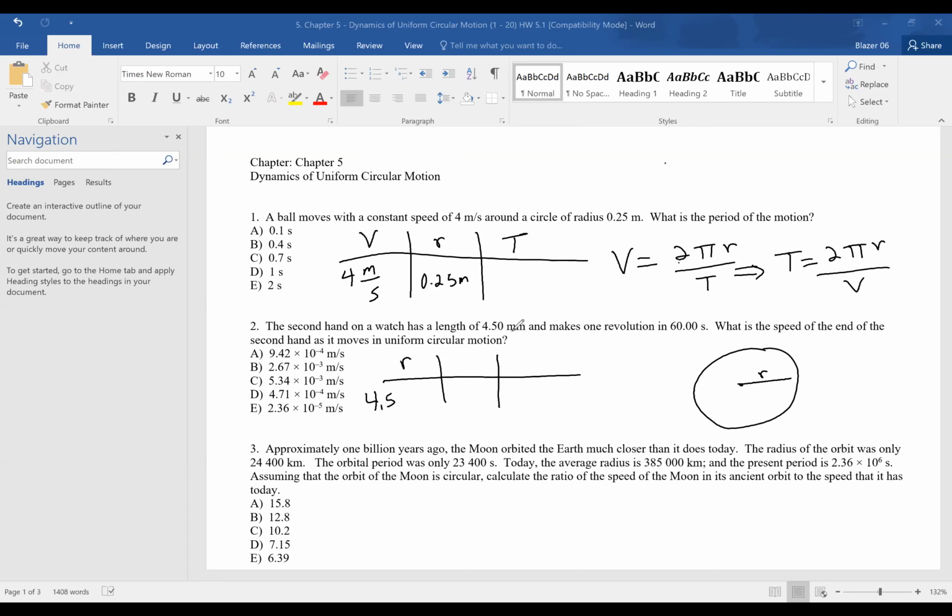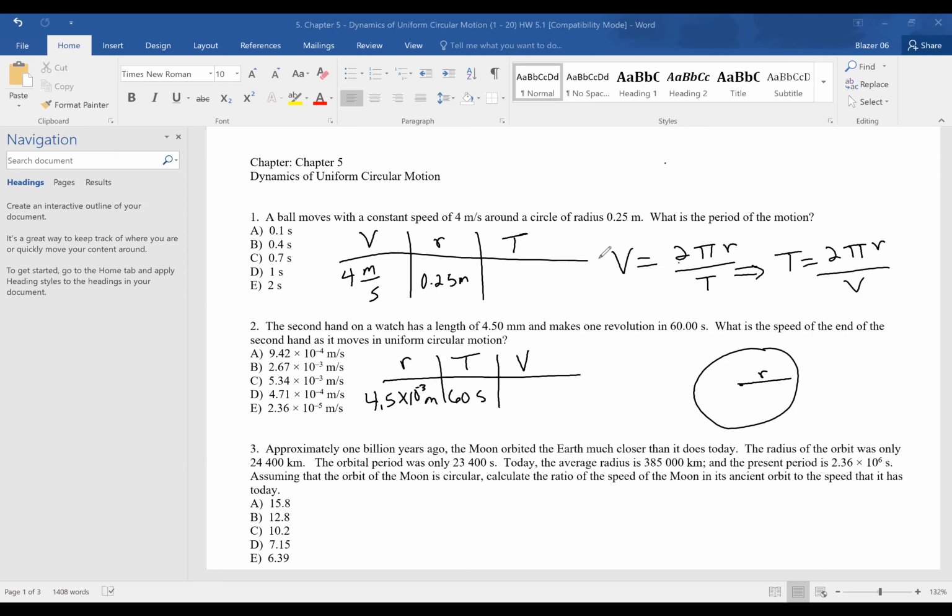When I see the lowercase m, that means 10 to the minus 3 meters. It makes 1 revolution in 60 seconds, so my period is 60 seconds. What is the speed of the end of the second hand?